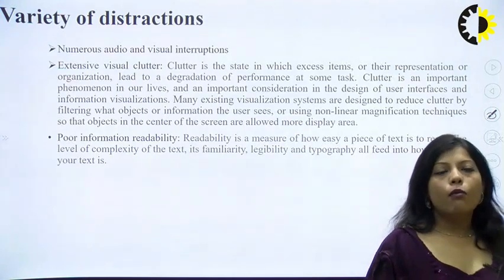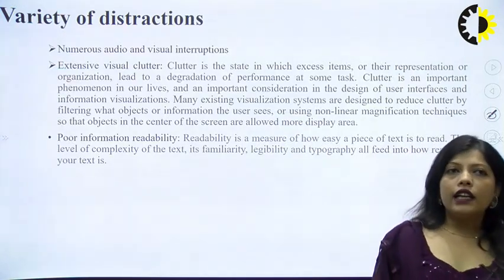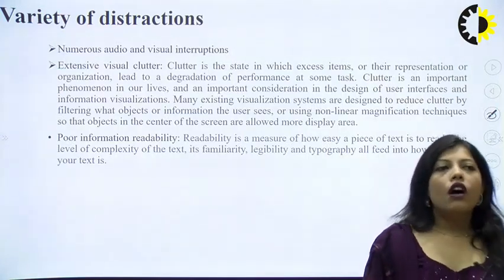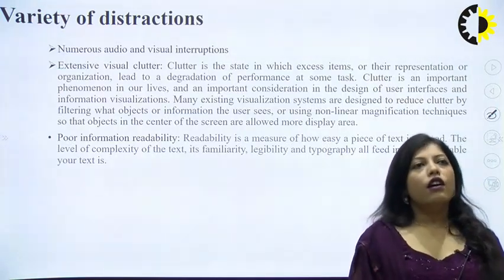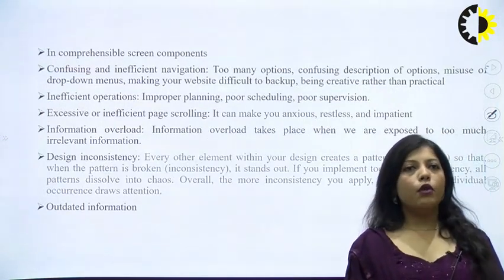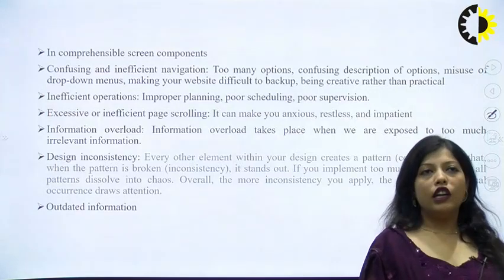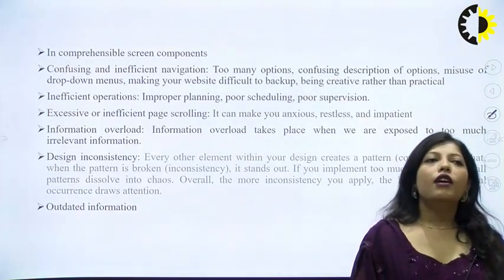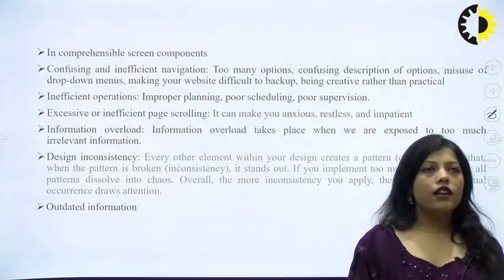The level of complexity of the text, its familiarity, legibility and typography all feed into how readable your text is. So these are the varieties of distraction. Incomprehensible screen components means the screen components are unorganized. Confusing and inefficient navigation means too many options are there.